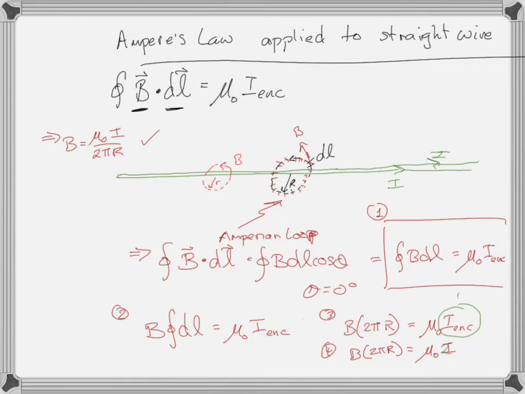And so for the second version, it would be mu naught times 2I over 2 pi r, or mu naught I over pi r. But you have to make sure that you're counting all of the currents in all of the wires that pass through the loop. That's Ampere's law applied to a straight wire.